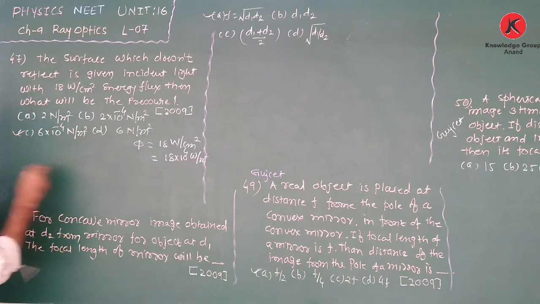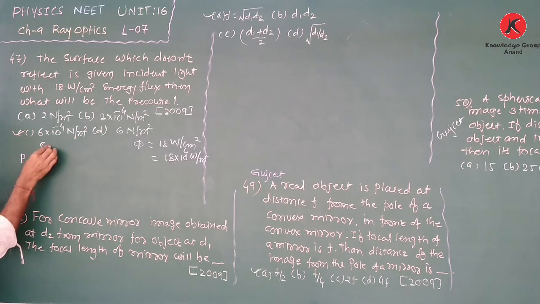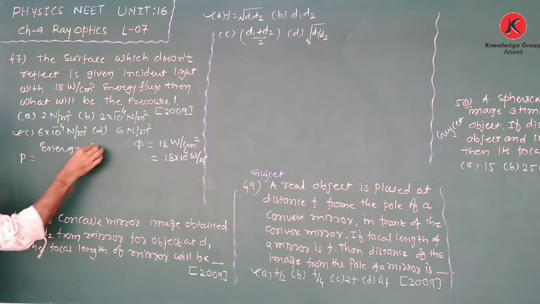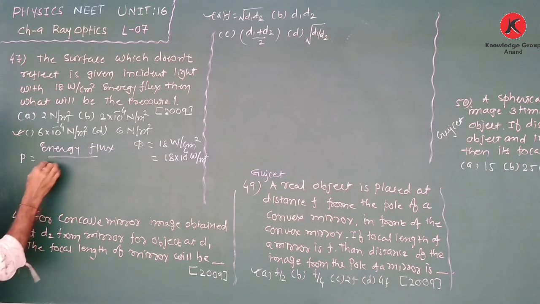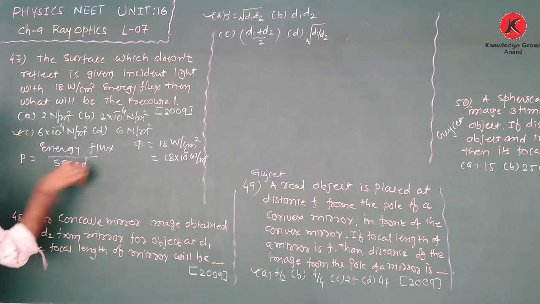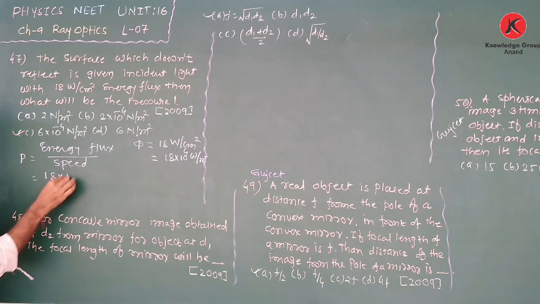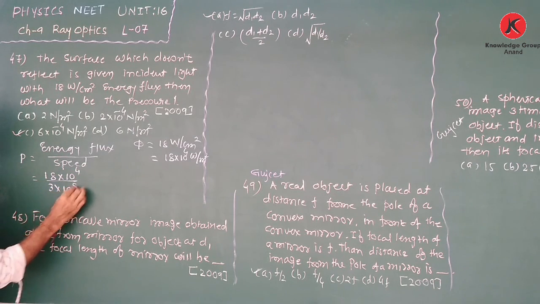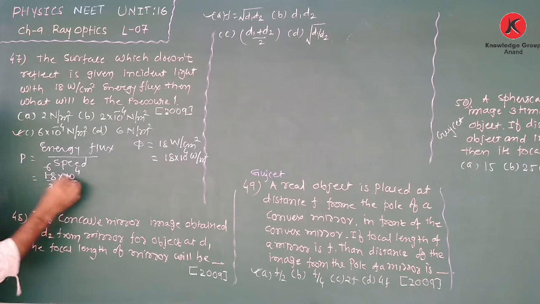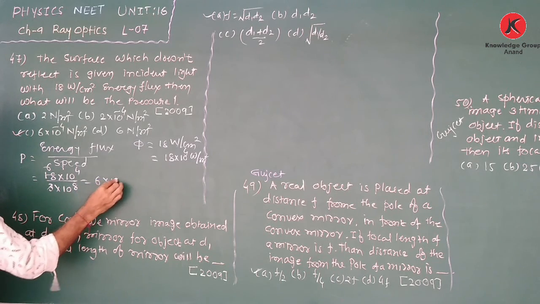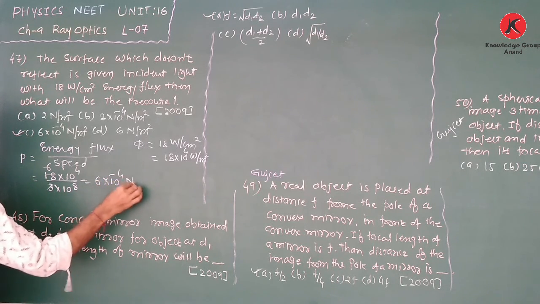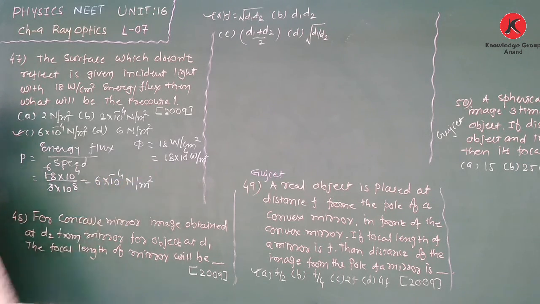Now the pressure P is equal to energy flux divided by speed of light. Therefore 18 into 10⁴ upon 3 into 10⁸. 6 3s are 18, so 6 into 10⁻⁴ Newton per meter square.